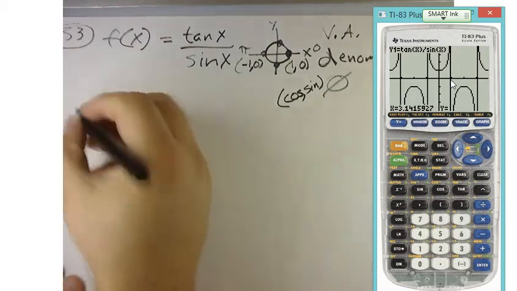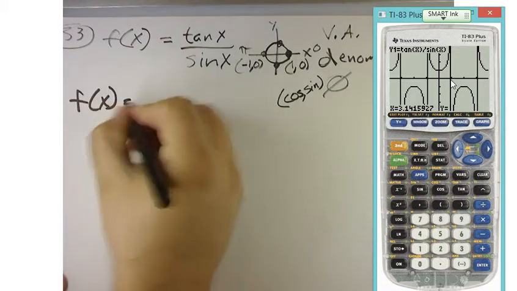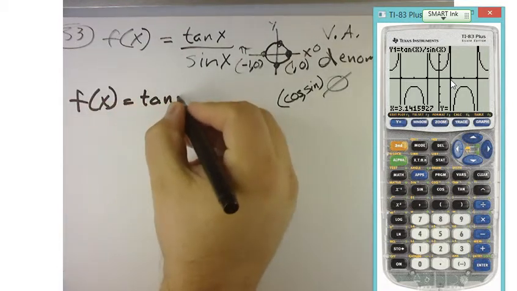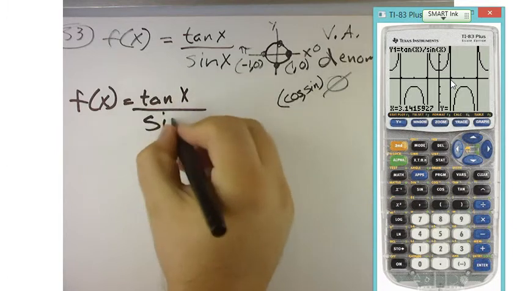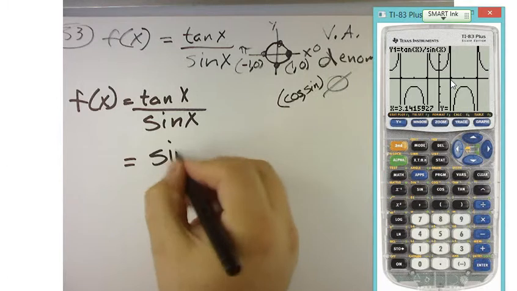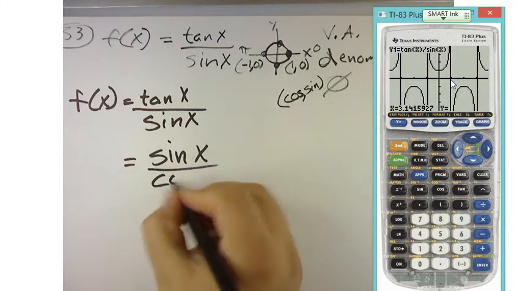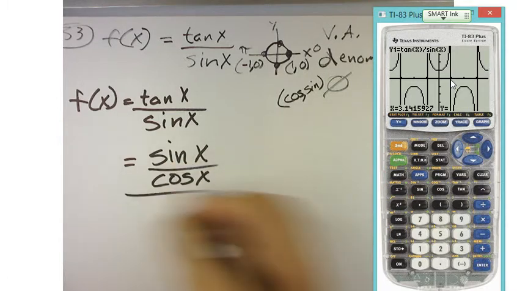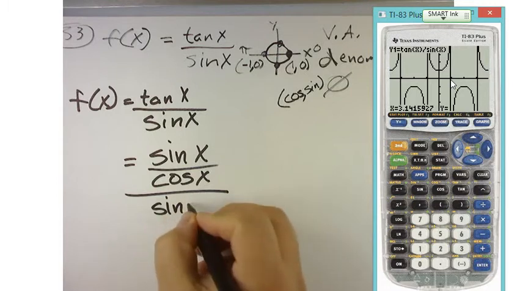Well, because we're saying that f of x is equal to tangent of x divided by sine of x. But wait a minute. Tangent of x is sine of x over cosine of x, all of that divided by sine of x over 1, right?